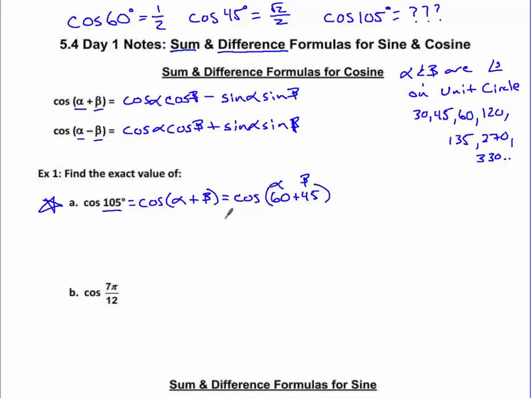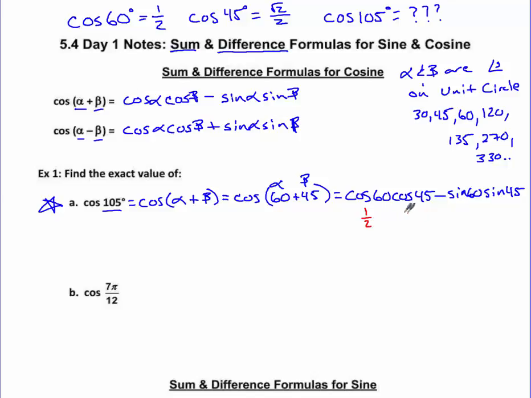So what that leads us to is doing this formula. The cosine of alpha plus beta equals the cosine of alpha times the cosine of beta minus the sine of alpha times the sine of beta. Okay, and then all we do is use our unit circle and realize that the cosine of 60 is 1/2.